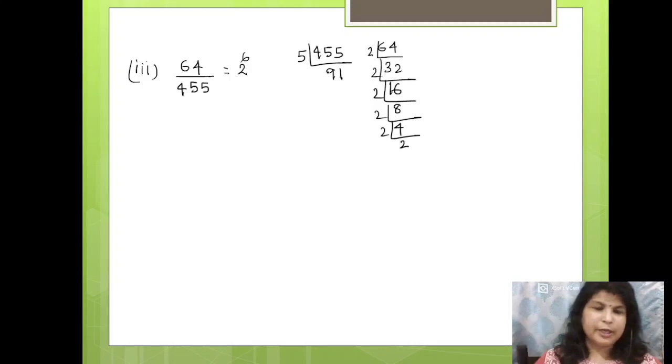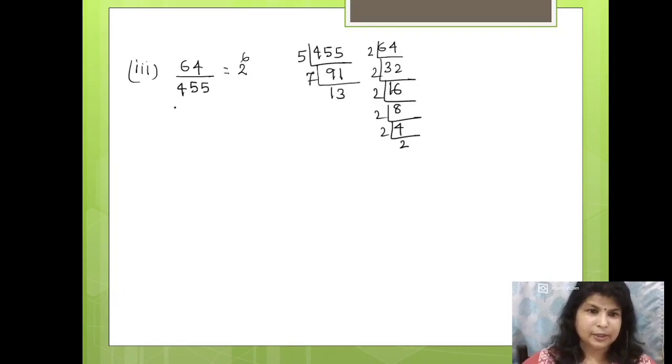So 91 is divisible by 7, so you get 13. So that is equal to 5 into 7 into 13.